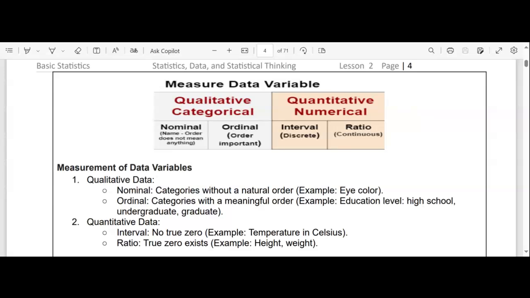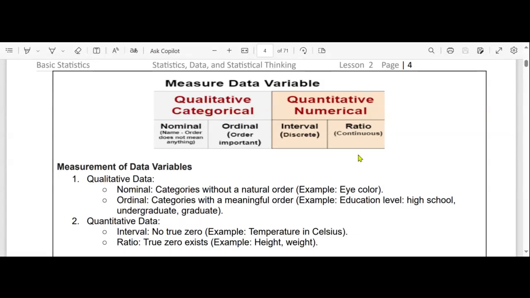If I say how many eggs in the fridge? Interval. If I say how much is your weight? Ratio. So I think you're okay with this. If you're okay, raise your hand. So now we know measurement of data variables.